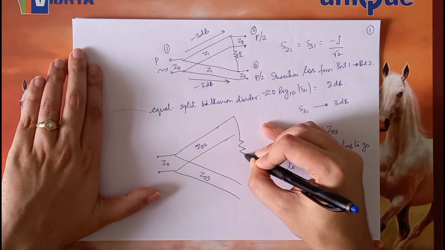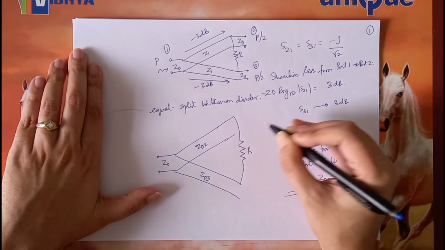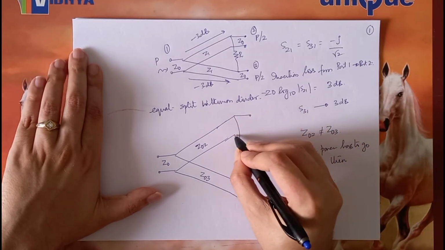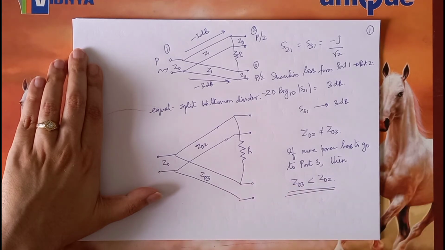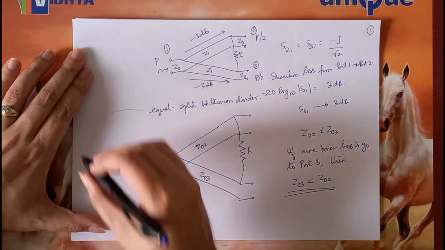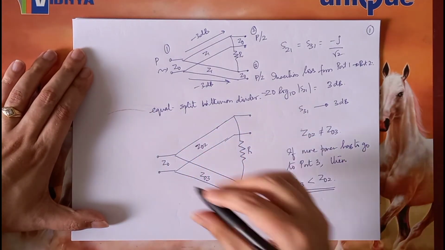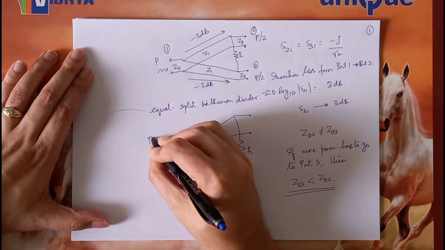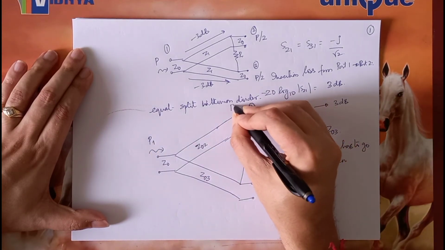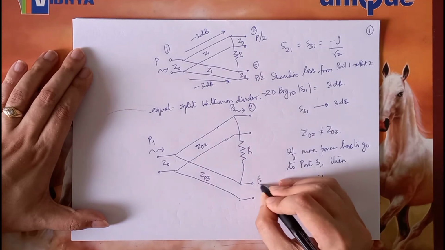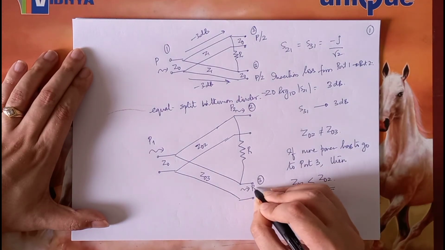And let us say again you connect a resistor over here of value R. Now, let us say there is some power input over here, that is P1, and there is some power output at port 2, let's call it P2. And at port 3, there is some power output, call it P3.